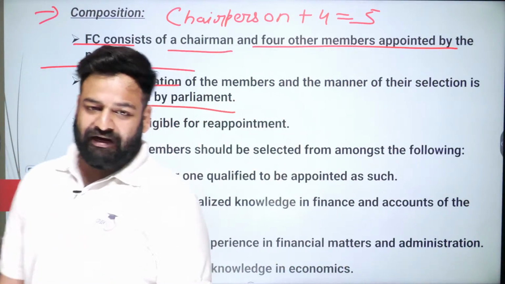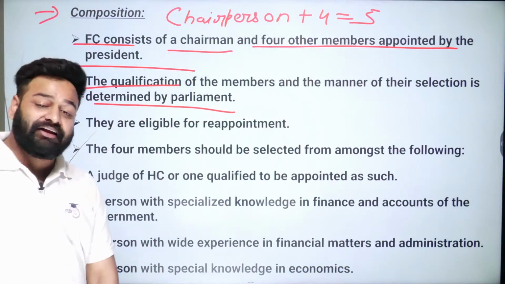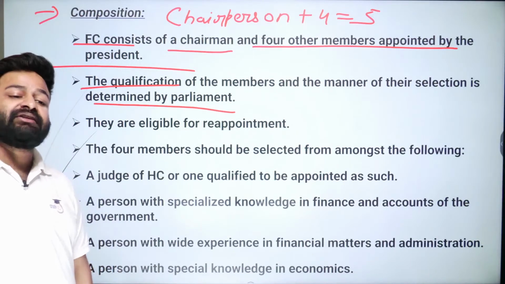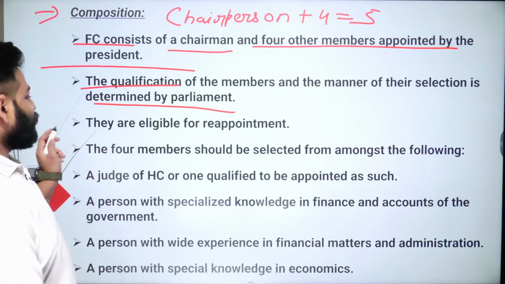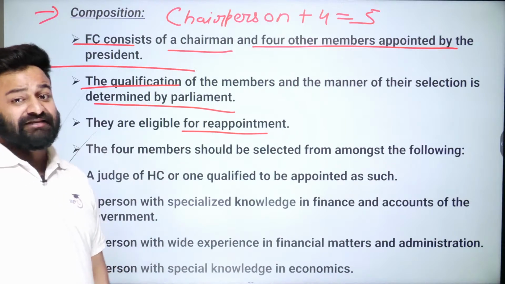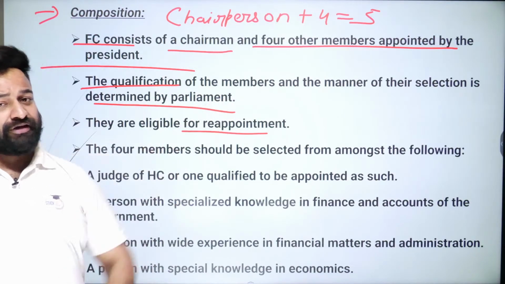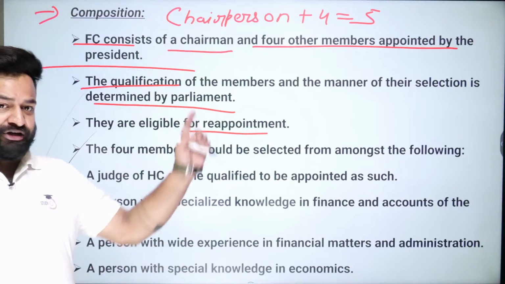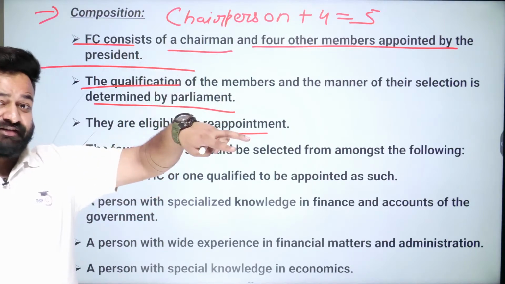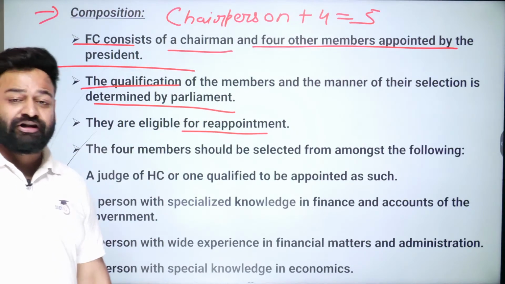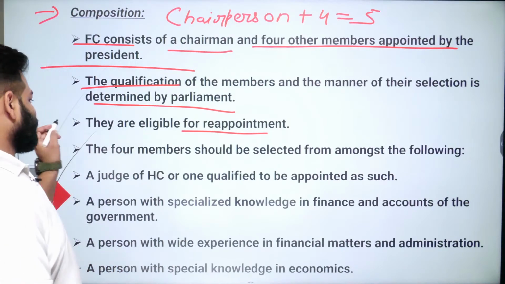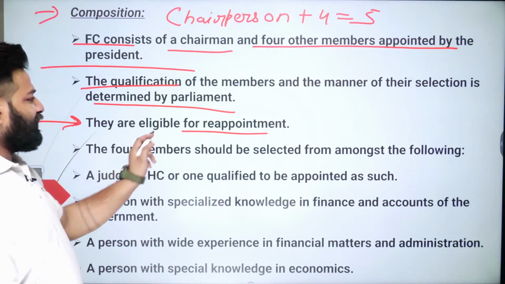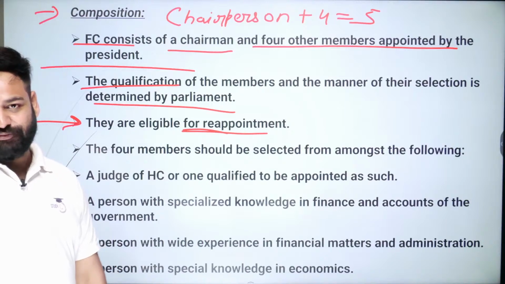Okay. Parliament determines the selection criteria and their qualification. President appoints them. Okay. So they are eligible for reappointment, whereas CAG is not eligible for reappointment. Okay. Attorney General is, Advocate General of States they are, but CAG is not eligible for reappointment, and Finance Commission members, they are eligible for reappointment as well.